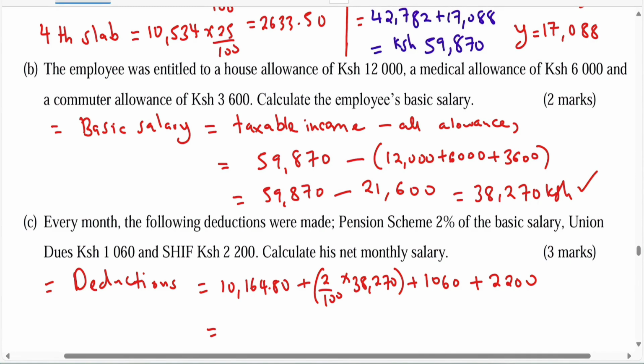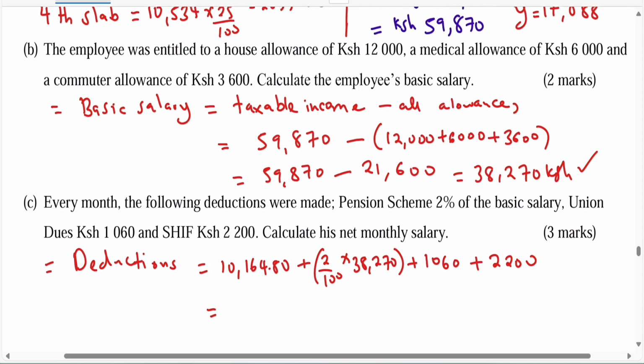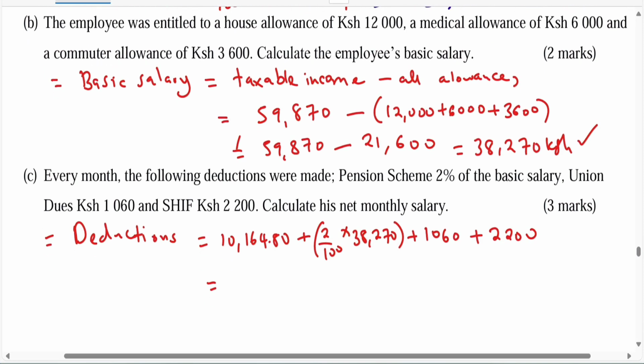Let me just go step by step. Sometimes maybe I've written some mistake during calculation, but let's just confirm. So 10,164.8. So what is 2% of 38,270? 2% of 38,270, which is 765.4. 765.4 plus 1060 plus 2200.